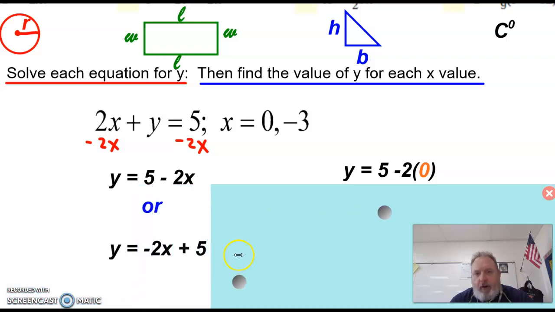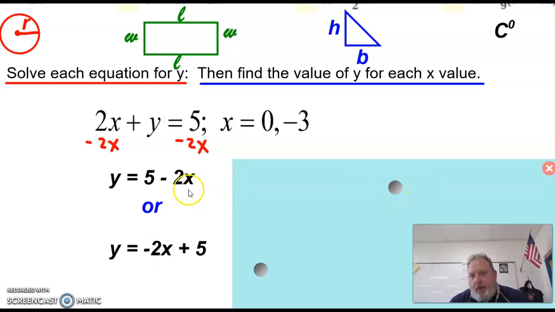Or, if you prefer, we can put the x term first, which would be negative 2x plus 5. So that's your option. We can write it as 5 minus 2x, or we could write negative 2x plus 5. Really doesn't matter. It's your choice. Personally, I usually write the x term first, but again, either answer is correct.